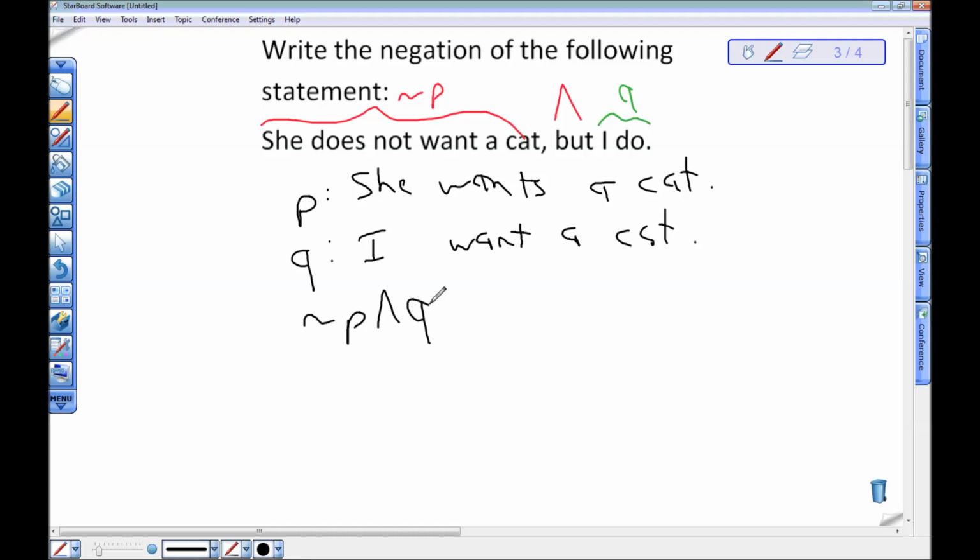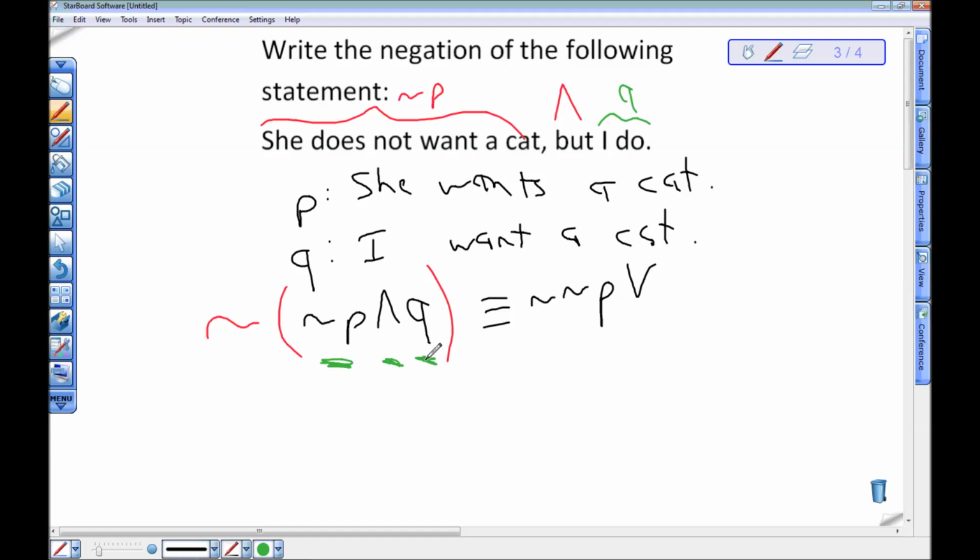But I want to write the negation of that statement. So I want to write the statement that is, it is not true that this. Well, De Morgan's law tells me how to deal with this, and the first thing I'm going to do is negate what this was. I'll write it this time, but I'm going to simplify that in a second. Then I change this symbol to the other one, so instead of and, this is or.